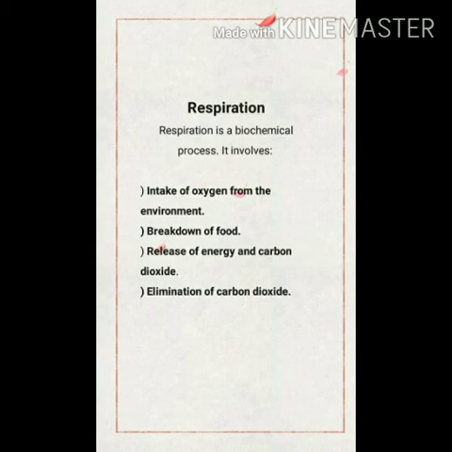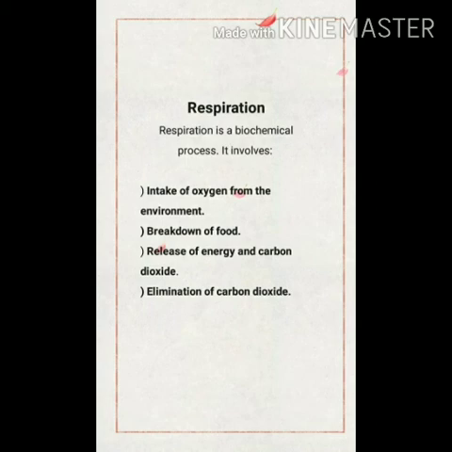So now we discuss that respiration process stepwise. First, respiration is a biochemical process, and it involves, first, intake of oxygen from the environment. Firstly, we take oxygen from the environment. And second, breakdown of food, that is in the simplest form in the cell, that is glucose.